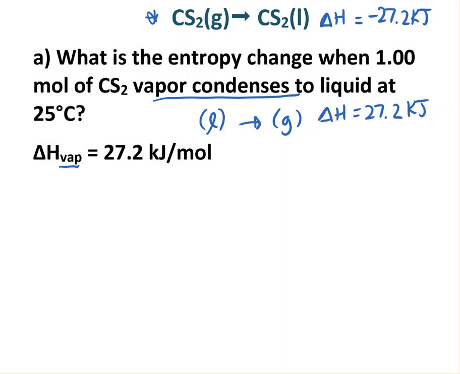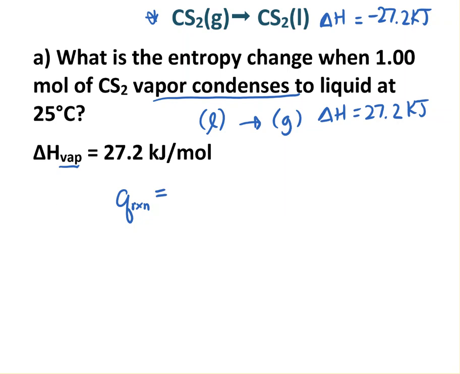Okay, next thing we want to do is figure out our Q, and this is our Q for our reaction. This is not the Q that it's giving to the environment. This is the Q for this substance.